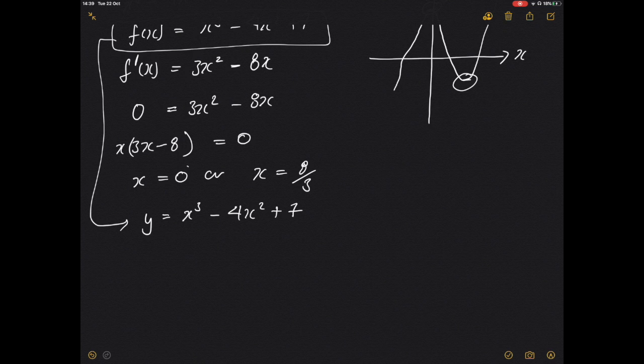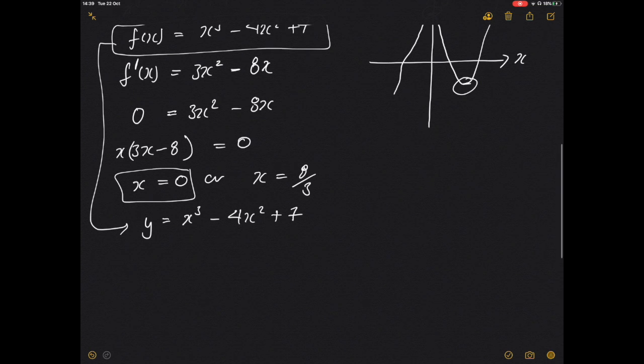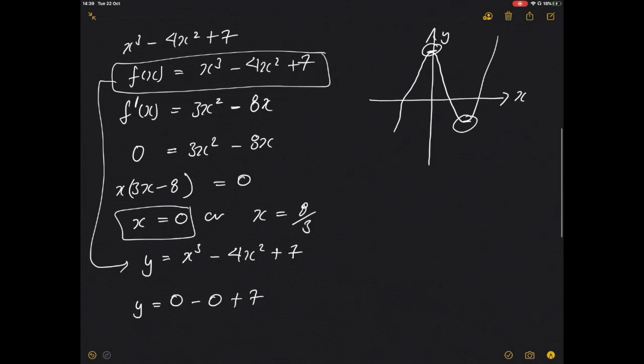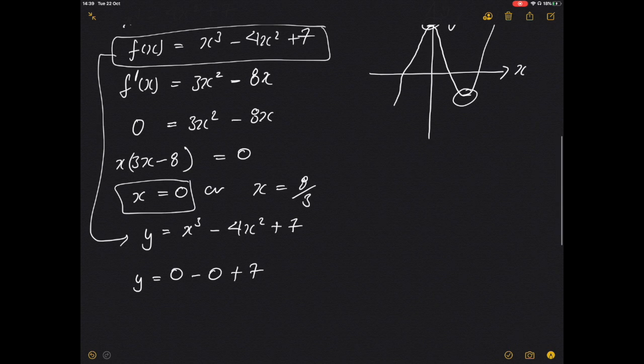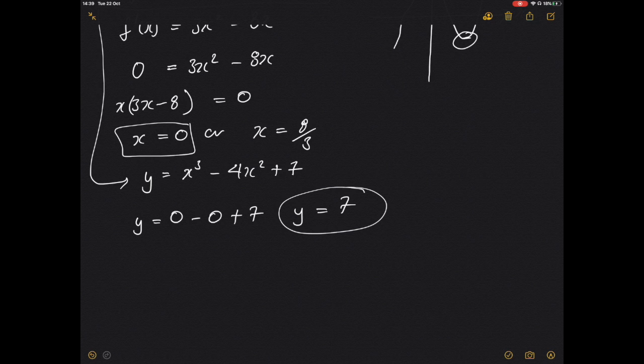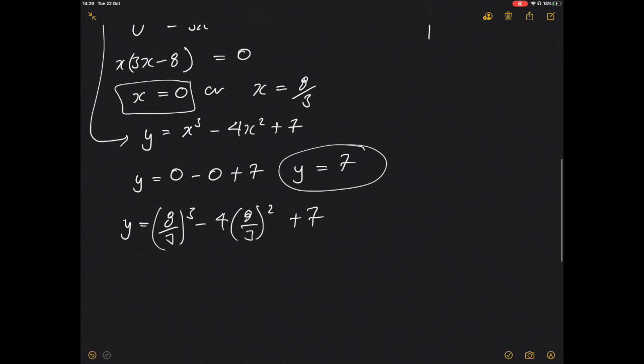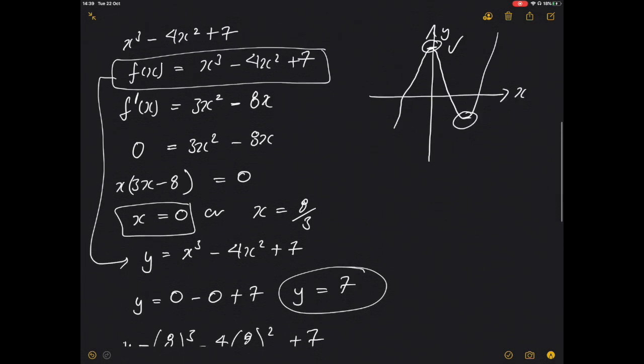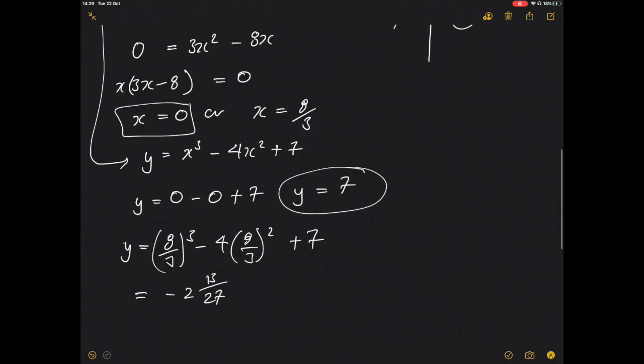Therefore, to find what our y value would be in terms of x, for x equals 0 we'd have y equals 0 minus 0 plus 7, so our y value would be 7. Or if we had 8 over 3, we would say y equals 8 over 3 cubed minus 4 times 8 over 3 squared plus 7. If we were just to put that into our calculators, we would see that it equals minus 2 and 13 over 27. And if we look here, that's a negative, so that looks about right for our answer.